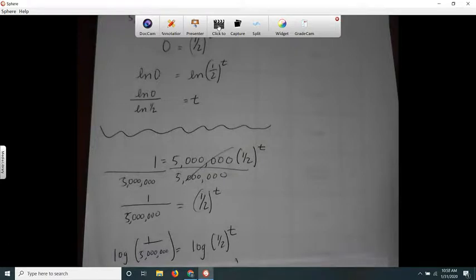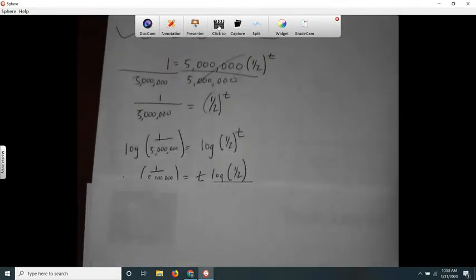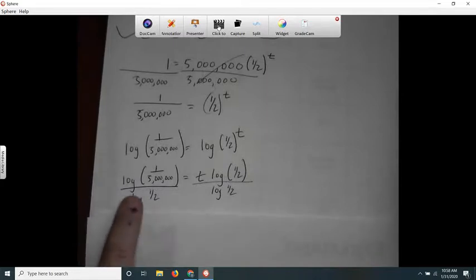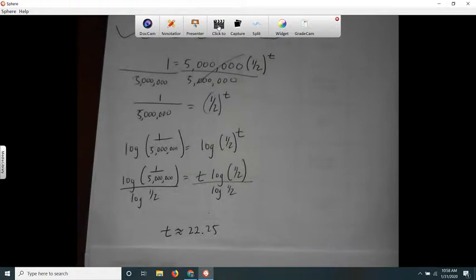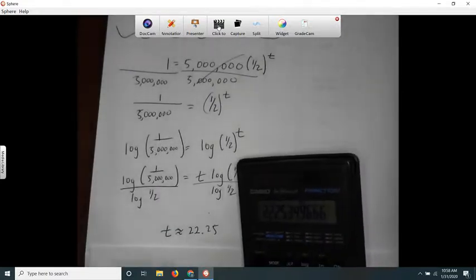So I logged both sides, and that allows me to bring this T down out front. And I divided both sides by log of 1/2. Then I put that into my calculator and ended up with about 22.25 something.